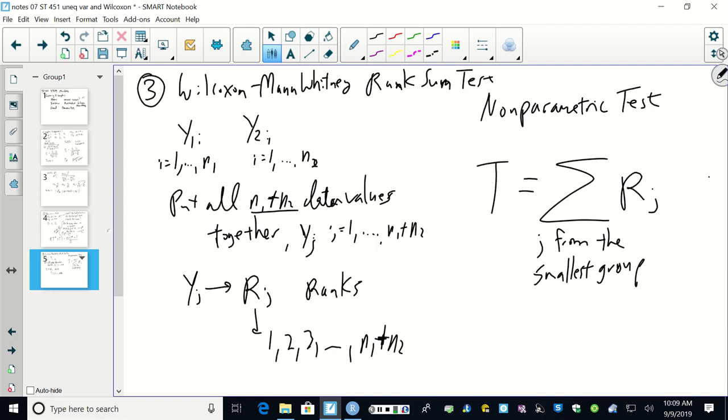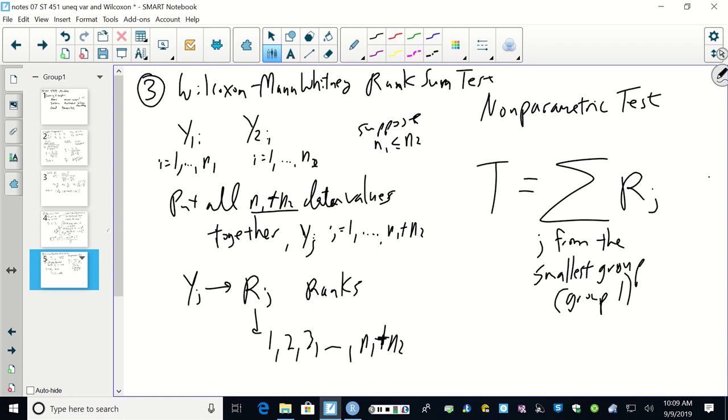So say N1 is smaller, suppose N1 is less than or equal to N2. They could be the same size. And we're going to look up the ranks, when the data are all combined together, from the smallest group. In this case I'm saying it's group 1, just as an illustration. So that's a statistic.